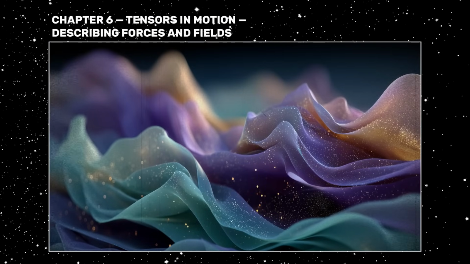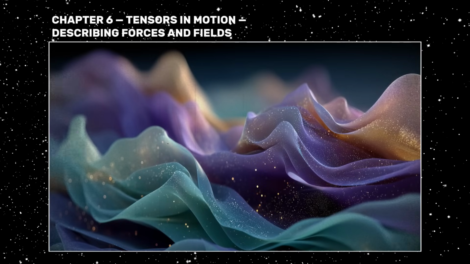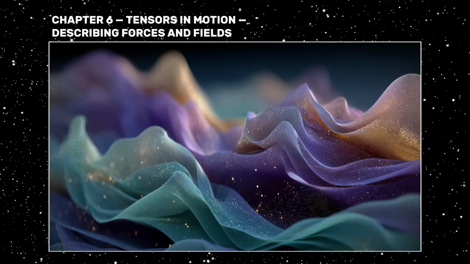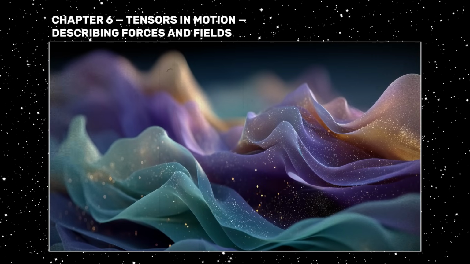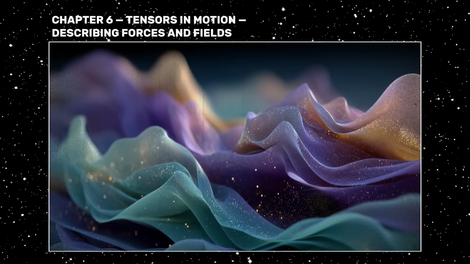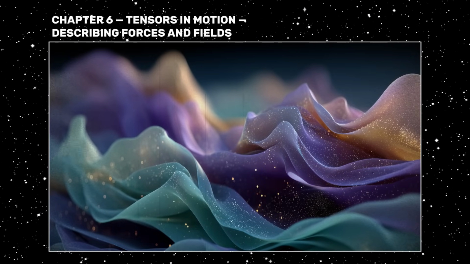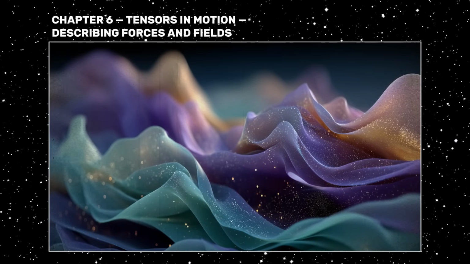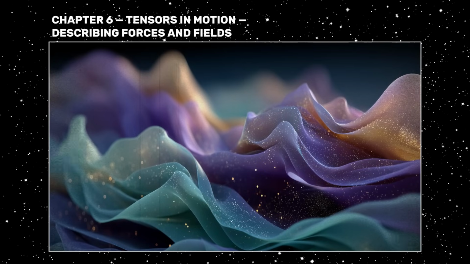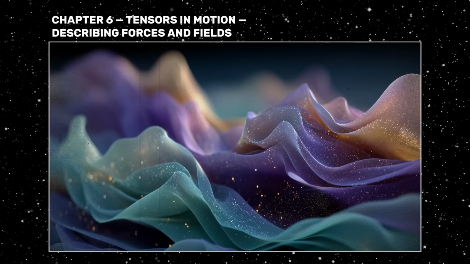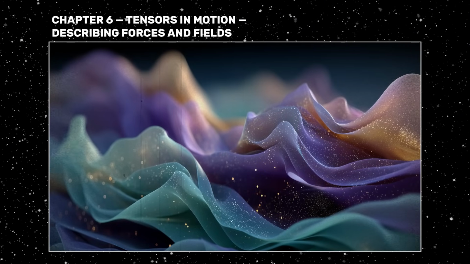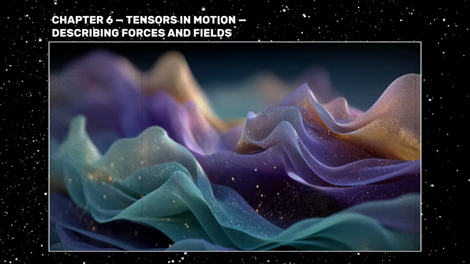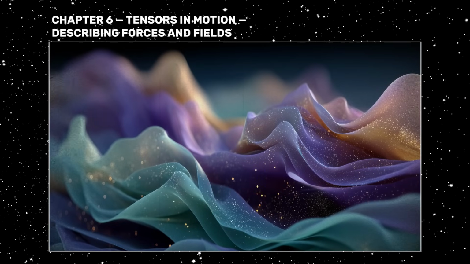Gauge fields, which govern the interactions among particles, are described by tensors that ensure consistency with the principles of symmetry and invariance. For example, the gluon field in quantum chromodynamics, which binds quarks together inside protons and neutrons, is represented by a tensor field obeying precise transformation laws.